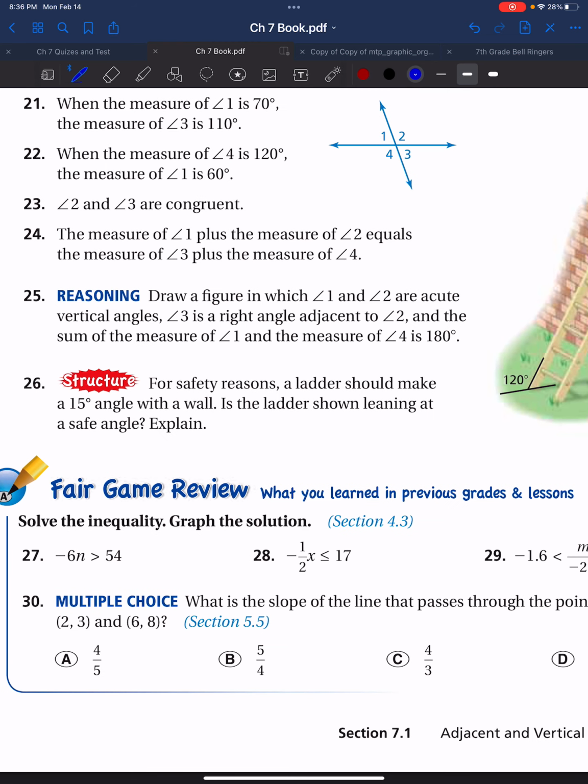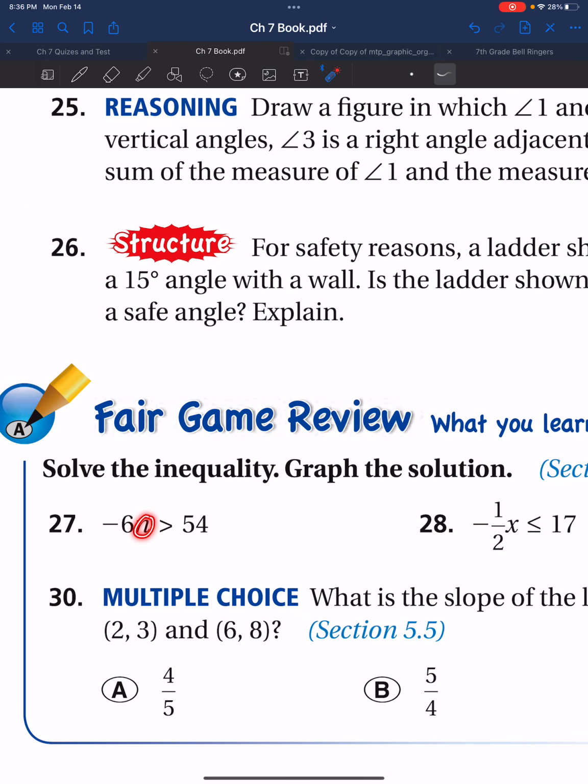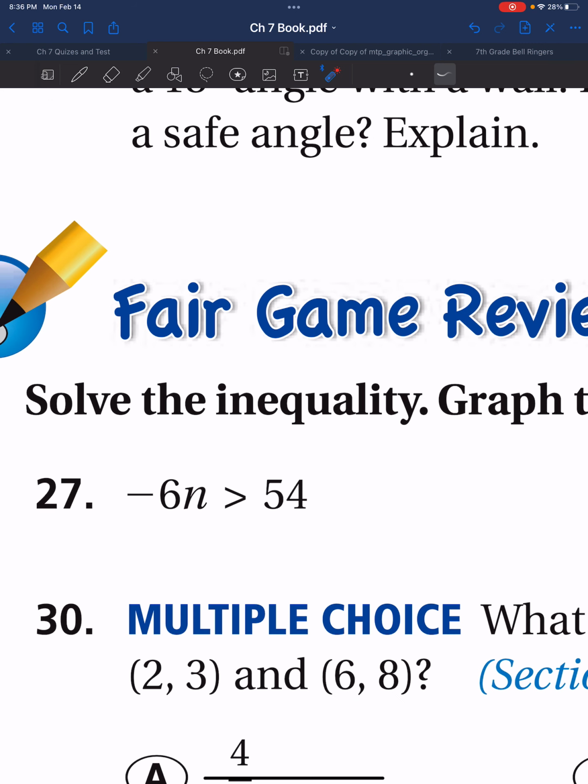Solve the inequality, graph the solution. So let me remind you, when solving for inequalities, you want to get the variable by itself. If you are multiplying or dividing by negative, what happens to your sign? It flips. And if you look at 27, how would I get n by itself? I would divide it by -6.